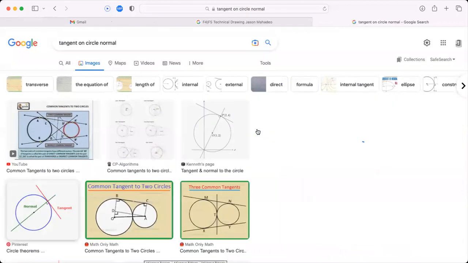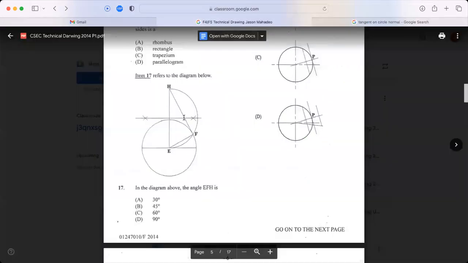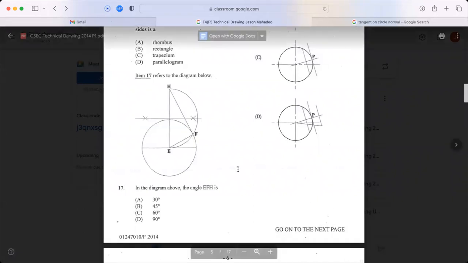So when you have a tangent, it touches the point of a circle and is perpendicular to the radius or the diameter of the circle. Remember, perpendicular means 90 degrees. So that's the kind of clue here. This line here is perpendicular to the radius, which means it has to be 90 degrees.